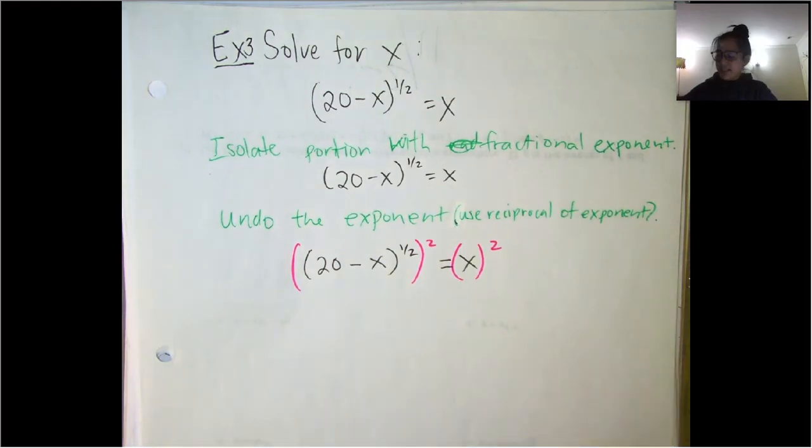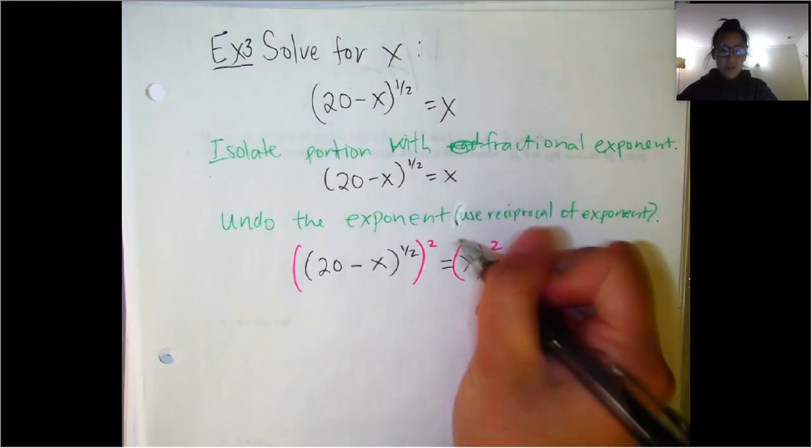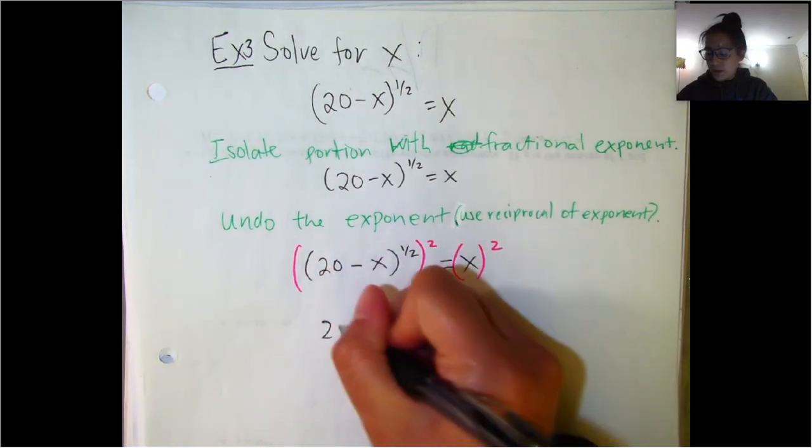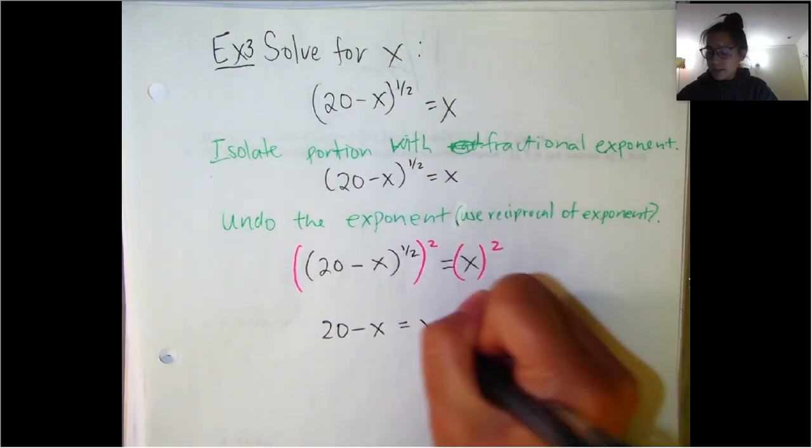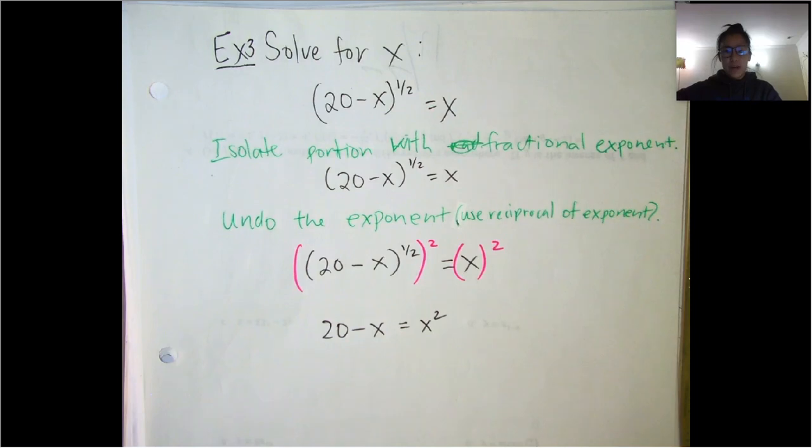So in this case, 1/2 times 2 is 1, so this side is just going to be 20 minus x equals x squared. And so now we can solve algebraically.